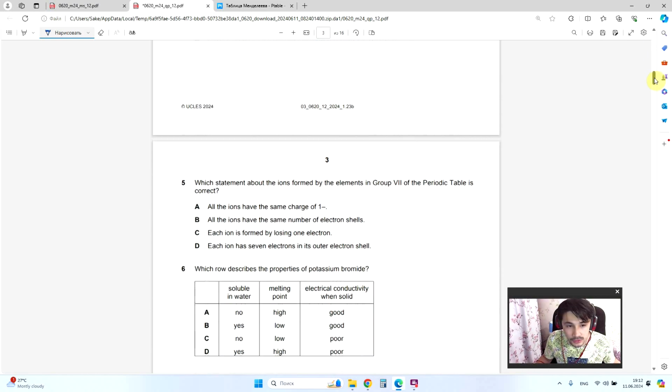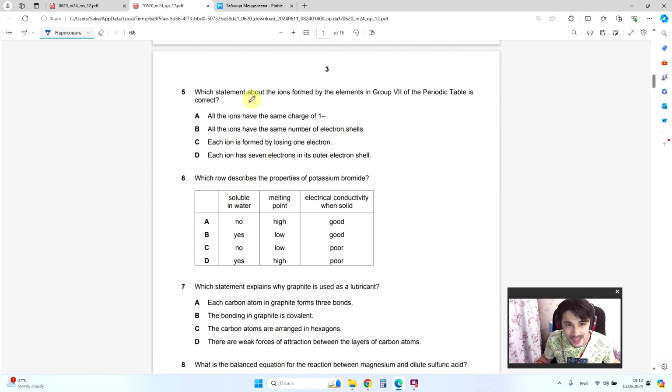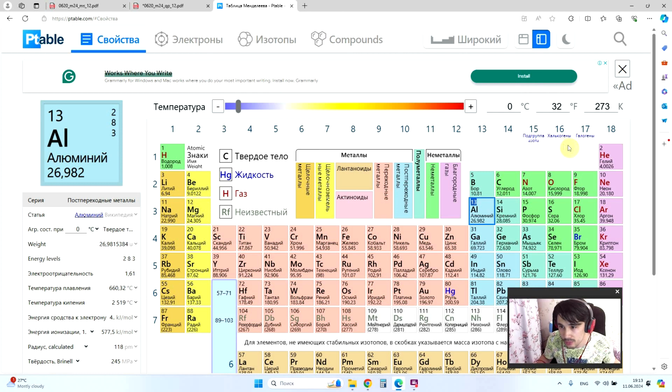Look further to question 5. Which statement about the ions formed by the elements in group 7 of the periodic table is correct? All the ions have the same charge of 1 minus. Okay, group 7, we need to find out the correct statement. So group 7 elements are known as halogens, so you can find them out here.